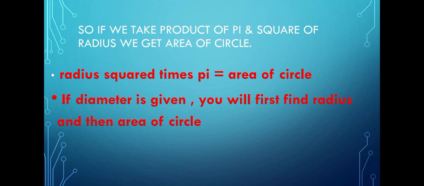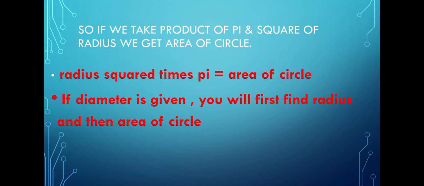That means the square of the radius times pi, or we can simply write it as pi r squared.